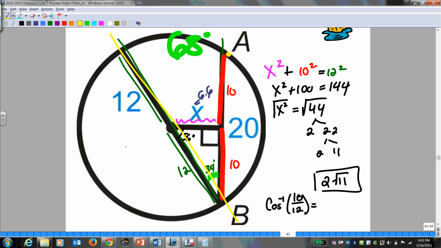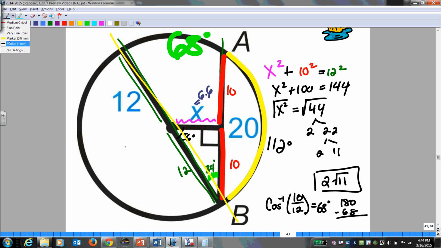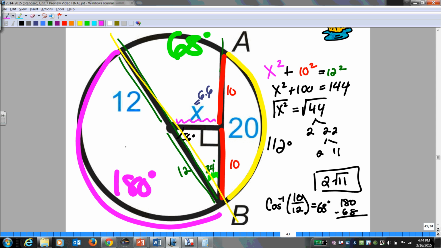So to get this arc, we simply do 180 minus 68, and that gets me 112. And then this way is really easy. It's just straight up 180. And now you have found all arcs and angles.